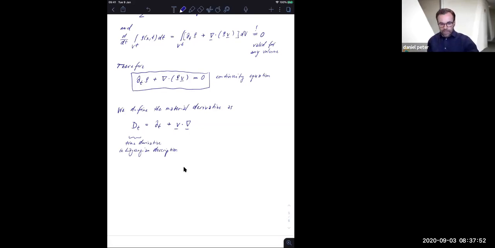So this measures the rate of change as you move with the flow v.